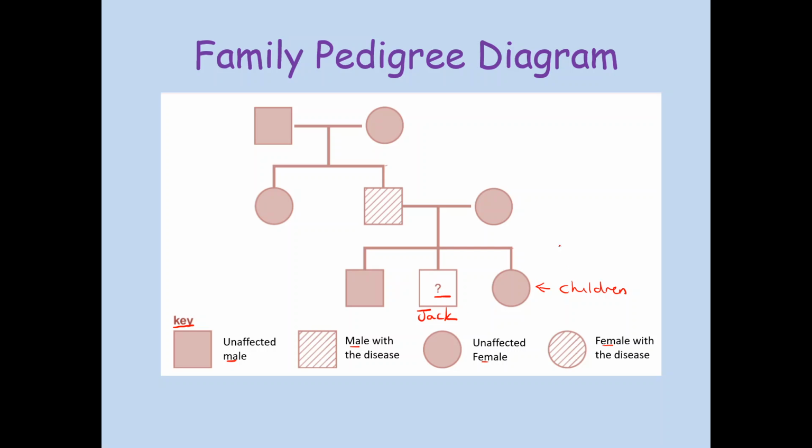Above this row, we have the second row here. These would be the parents of these children. Okay, so dad, because he's a male, and mum, female. These are their children. So on the next row up, you've guessed it, these are the grandparents.